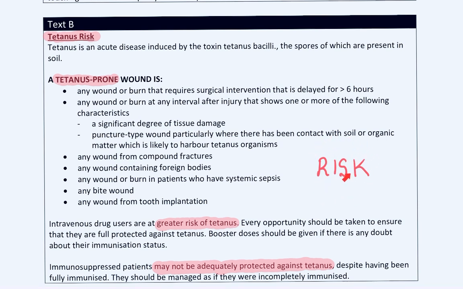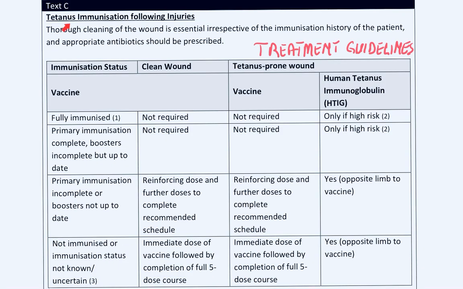Okay, in our last meeting, in addition, text C, we agree that is about treatment guidelines because we have a set of instructions here, information here, and instructions we need to follow. How to treat clean wound and tetanus prone wound.